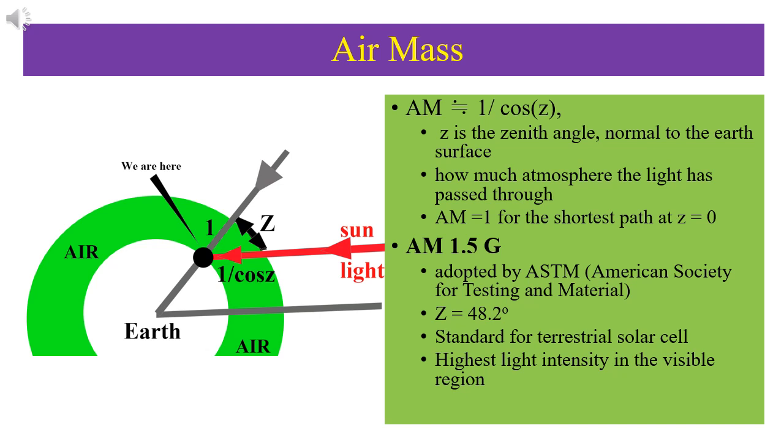The longer the distance, the weaker the light intensity which irradiates on the Earth's surface, which is due to more absorption by air. The performance of a solar cell should be measured at the air mass 1.5, which corresponds to the mid-latitude of United States and Europe.